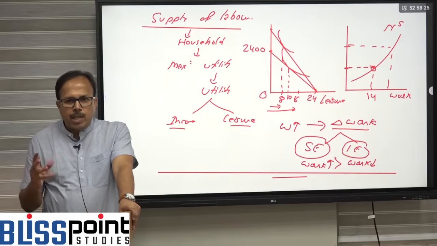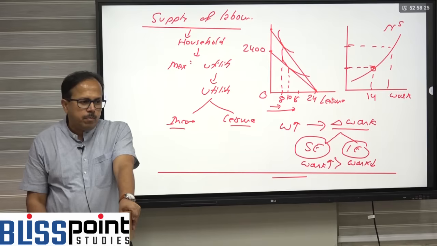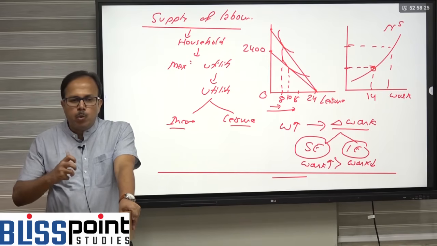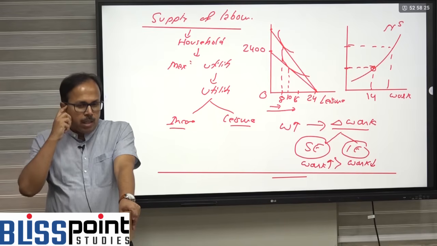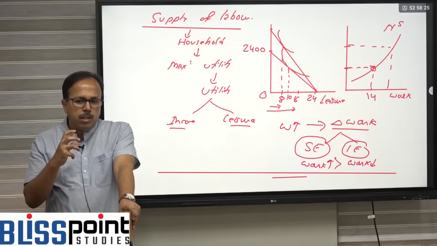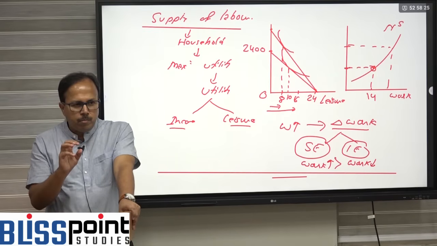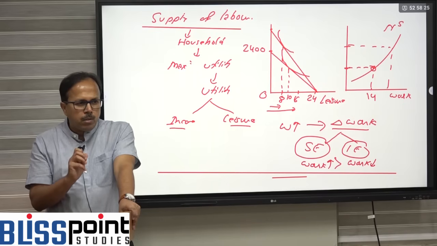Both effects actually determine whether you will work more or whether you will work less. The income effect says that as we work more at a higher wage rate, as our income increases, then with more income, when you determine normal commodity or inferior commodity, what will be the relation of inferior goods with income? An inverse relation.